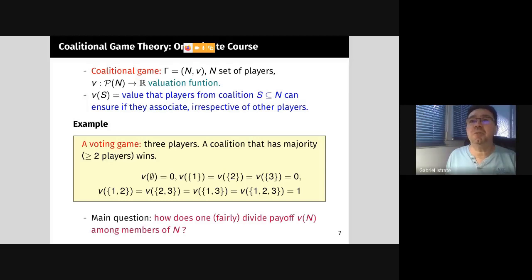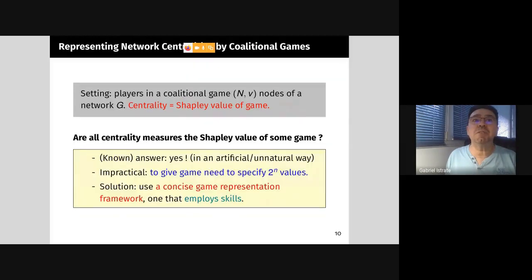So if you have 10 agents, you can do it, that's like 2 to the 10, about 1,000 coalitions. But if you have 100 agents, forget it. So this representation, to give a game, you need to specify 2 to the n values. Okay, which is not practical.